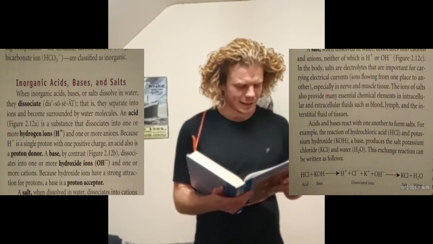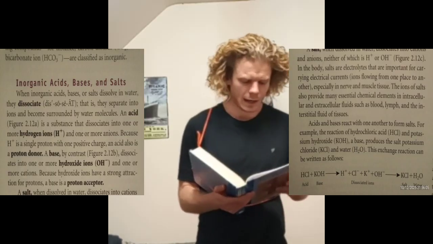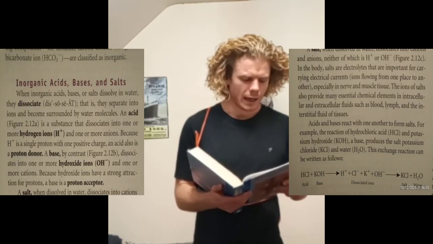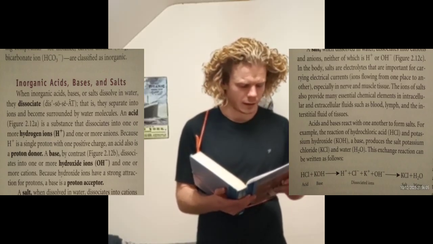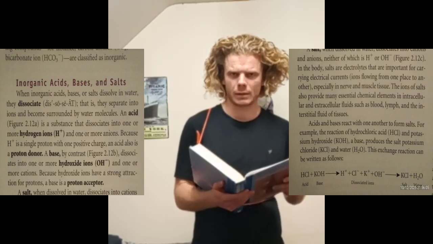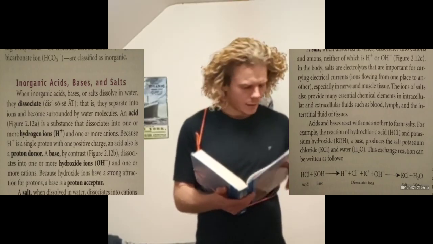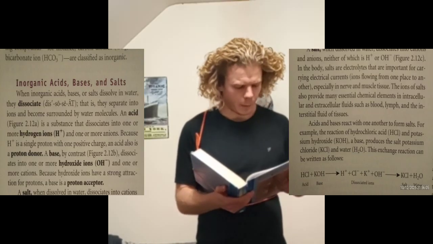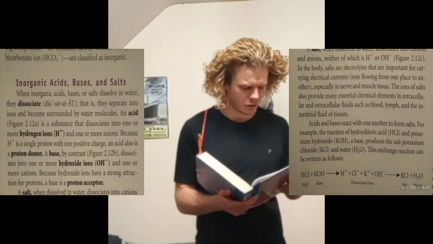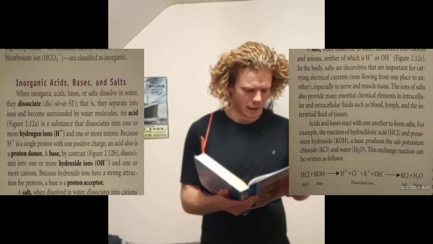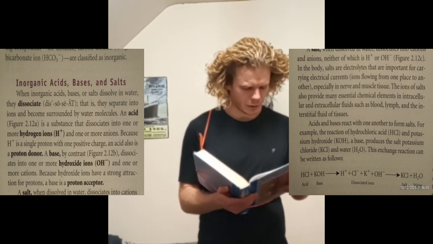The salts in the human body chemically consist of cations and anions. They are neither plus nor minus, and therefore they are able to send electrical currents through the human body over nerve impulses or muscle impulses, to tell the muscle where to work or what the nerve is feeling. The ions of salts also provide many essential chemical elements in intracellular and extracellular fluids, such as blood, lymph, and the interstitial fluid of tissues.